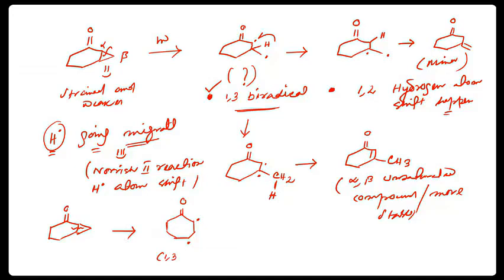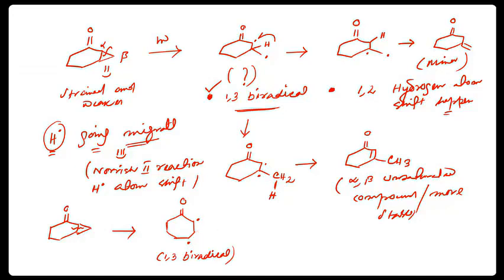Look here also, 1, 2, 3. So there are two sides, 1, 2, 3 and 1, 2, 3, in these positions. 1,3 biradicals. And what? Between the two radical sites, what do we have? We have one CH2. This is a CH2. See, one radical here, one here, and we will have one CH2.